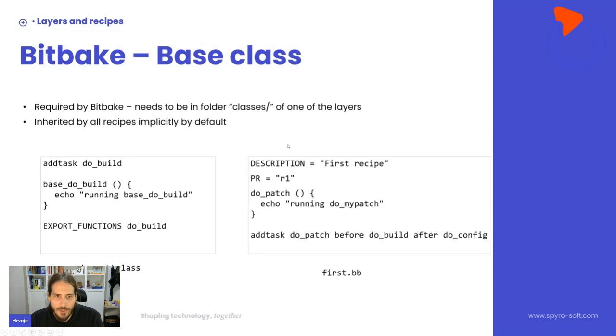For example, that's why we have this do_build task available. Actually, I have one extra do_config here, which is not defined, but that's my error. So it should be just do_patch before do_build. But let's say the do_config is also defined in the base class.